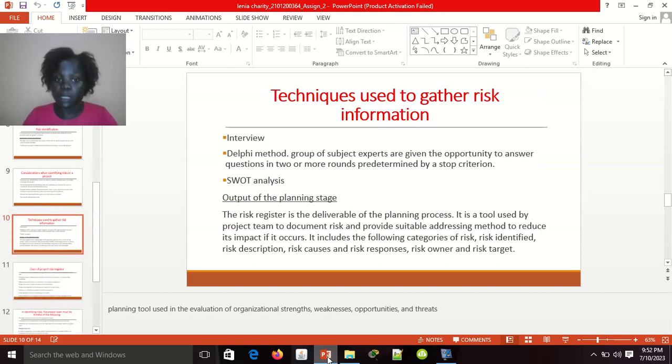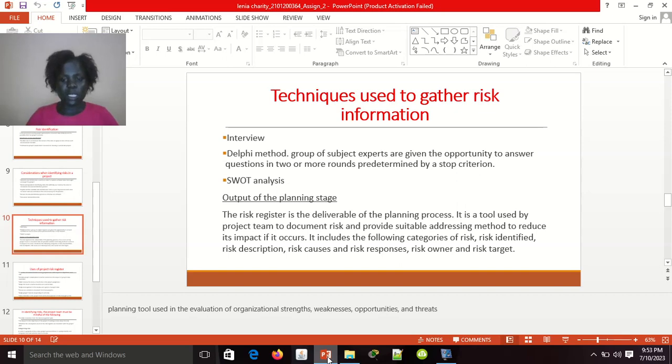And then here we have the techniques used to gather risk information. We have interviews. We all know what interviews are: a face-to-face meeting between the interviewer and the interviewee. We have the Delphi method. Here a group of structured experts are given the opportunity to answer questions in two or more rounds predetermined by a set criteria, meaning that the coordinator delivers anonymous questions to the panel for judgment.